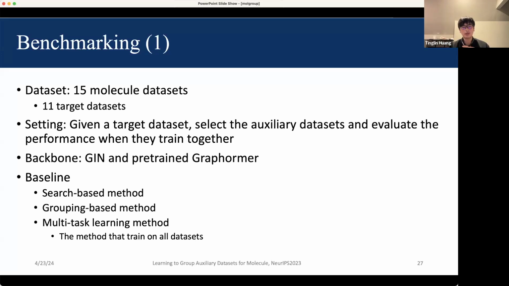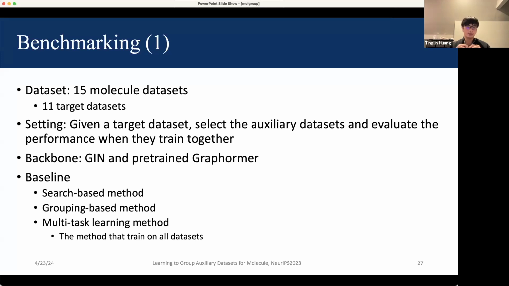As for the backbone, we use the GIN and the pre-trained Graphormer. For the baselines, we have three kinds. One is the search-based method, which means we consider all pairs of the data sets, train the model for a few epochs, and conduct a selection based on the performance.